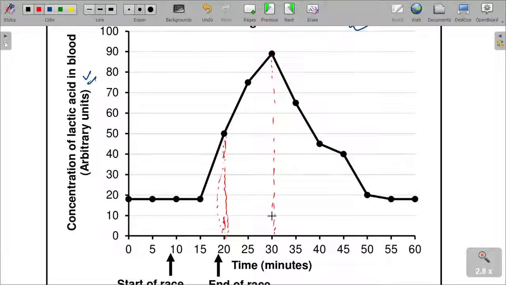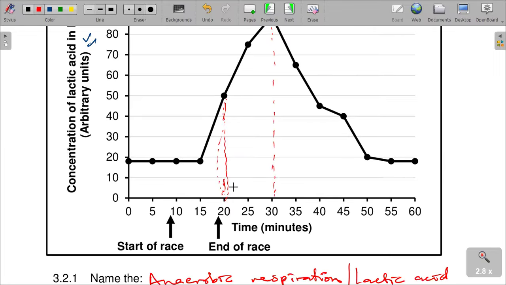So how many minutes can this be? I can say 5, 10. We can say it's from 20 to 25, maybe something like 12 minutes after the end, because the end was 20 and then it continuously increased up to 30, I guess.